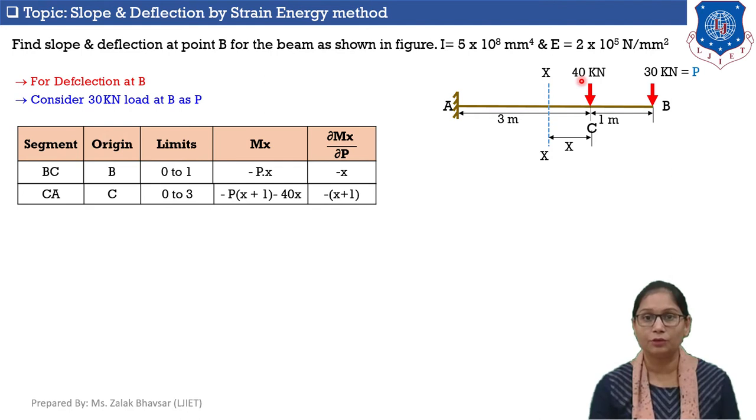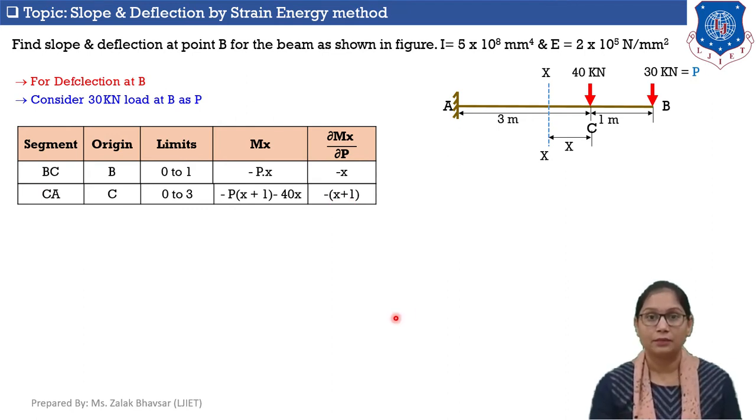And this 40 kilonewton load will generate clockwise moment about this section line, which is equal to 40 into x, so it will be minus 40 into x. Now del Mx by del P, in multiplication of P, is minus x plus 1. So del Mx upon del P for segment CA is equal to minus x plus 1.